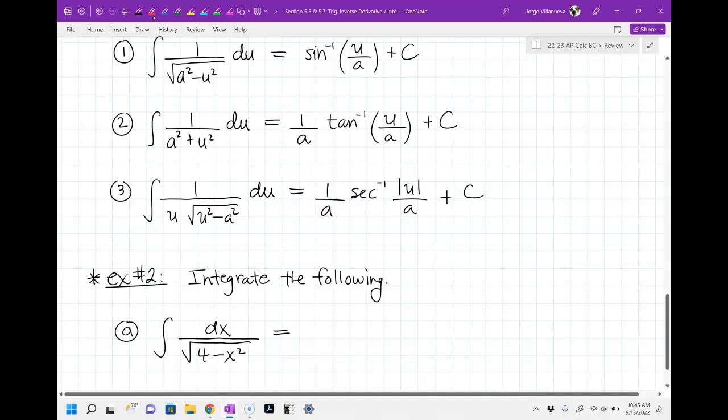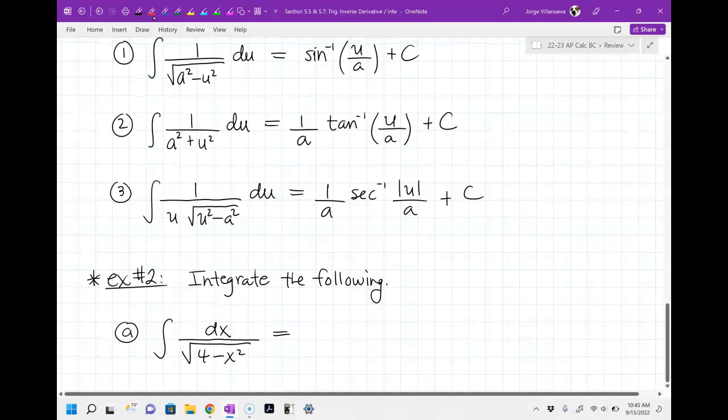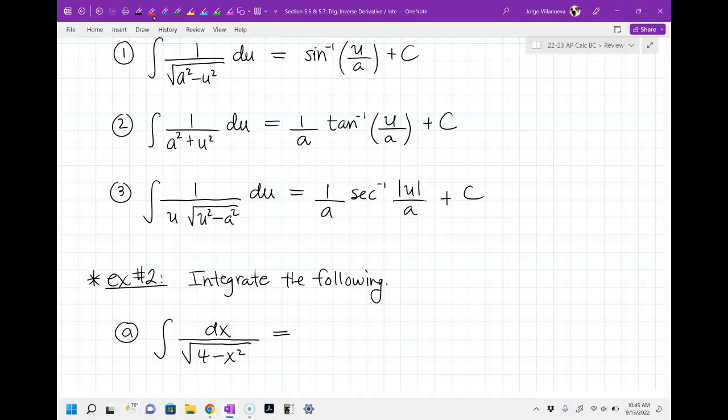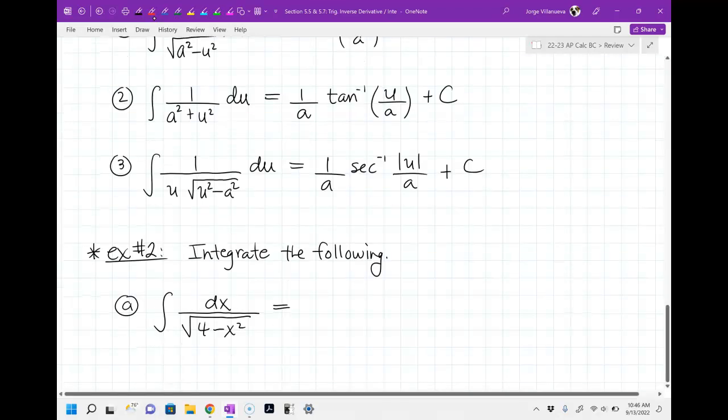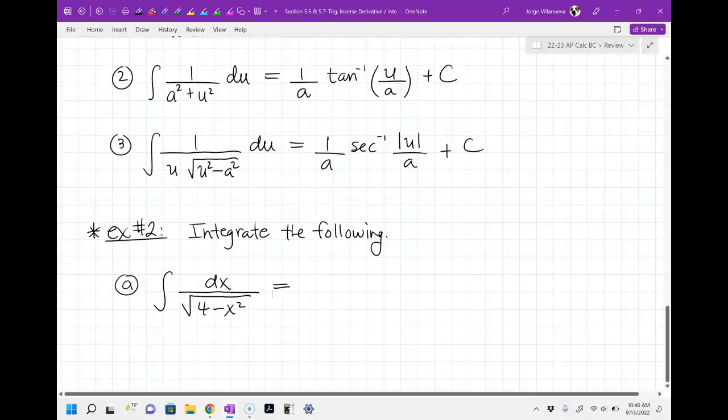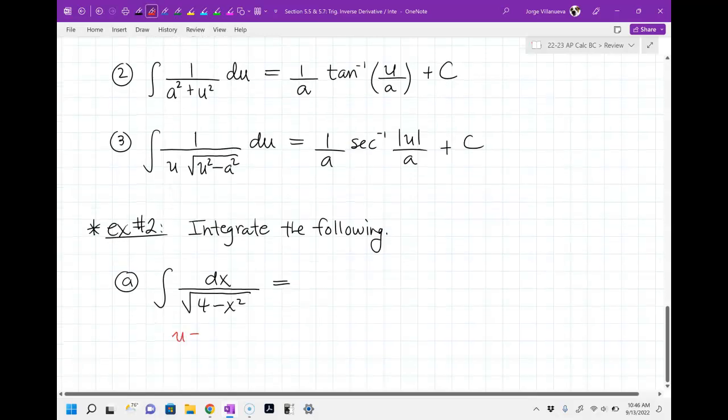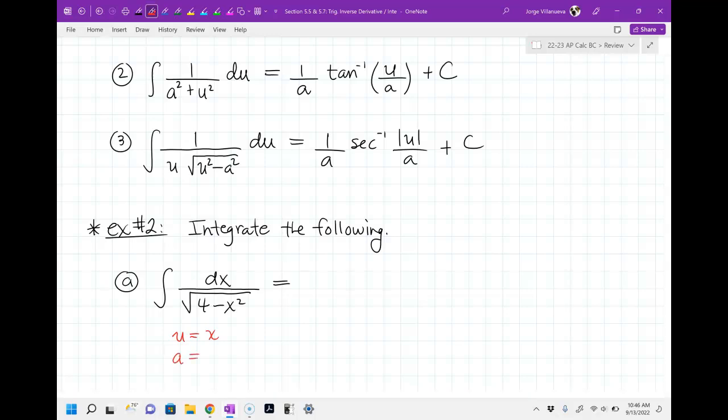So which one of those three functions am I going to use based on the way this looks? The sine inverse, right? Because sine inverse has a subtraction. It has the constant first inside the radical and then the function second. And that's what I have here, 4 minus x squared. So first thing I got to do is define the pieces. My u is x. My a is 2. I'll show you that right now just so you can see.